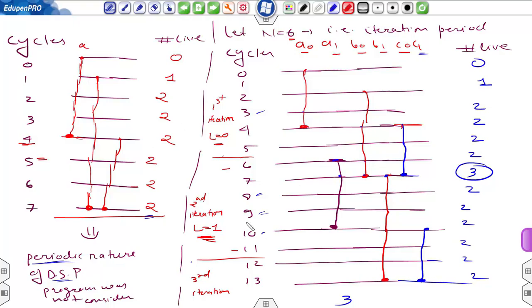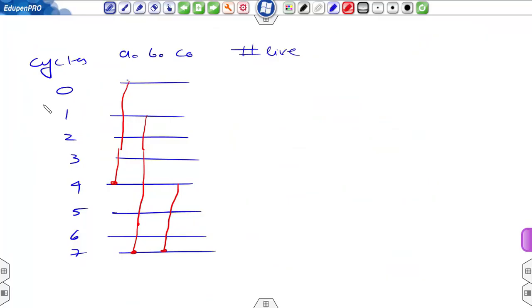Fortunately, this periodic nature can be taken into account without explicitly drawing the lifetimes of several iterations. You don't have to draw the lifetimes of multiple iterations. You just draw the lifetimes of the variables for the 0th iteration.